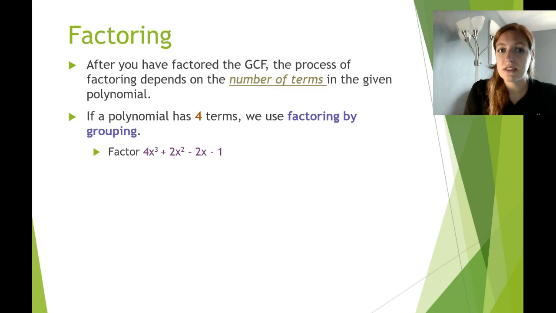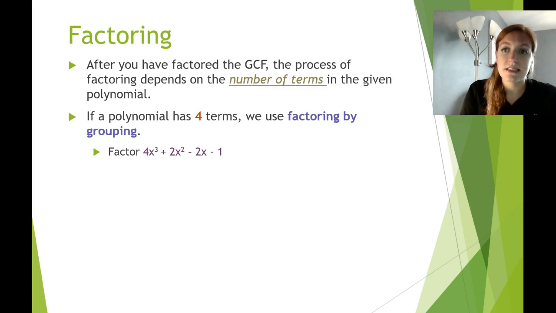So here's our first polynomial, 4x cubed plus 2x squared minus 2x minus 1. Now you count 1, 2, 3, 4. Boom, got to factor it by grouping. Now, before you begin factoring by grouping, I always encourage people to double check that there's no GCF that you can pull out.